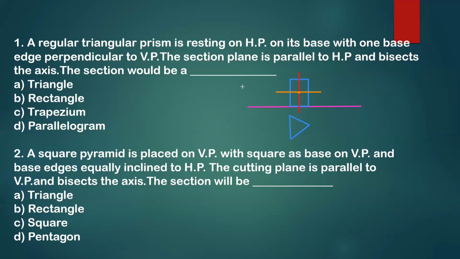Since the whole triangular prism is cut by this section plane, the section we get is nothing but a triangle.